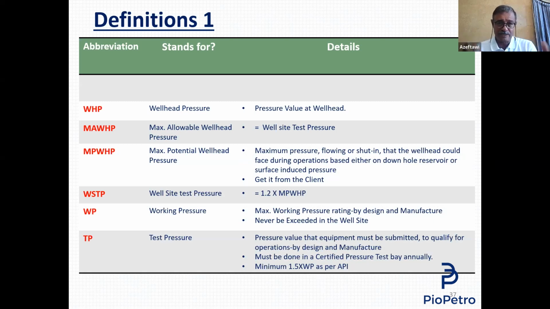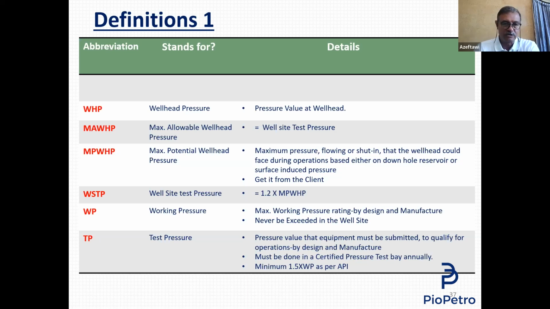We need to know some abbreviations we use in the oil field industry, like WHP, which is the wellhead pressure. We measure it with a pressure gauge on the wellhead. And we need to know the maximum allowable wellhead pressure, the pressure test we do on site.